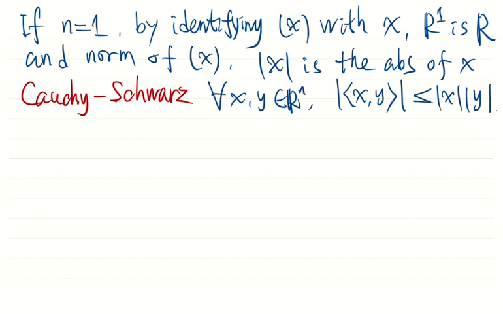So this inequality is called the Cauchy-Schwarz inequality. For the proof, it's quite easy.